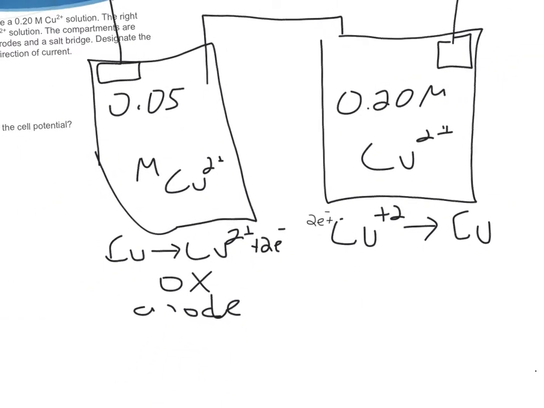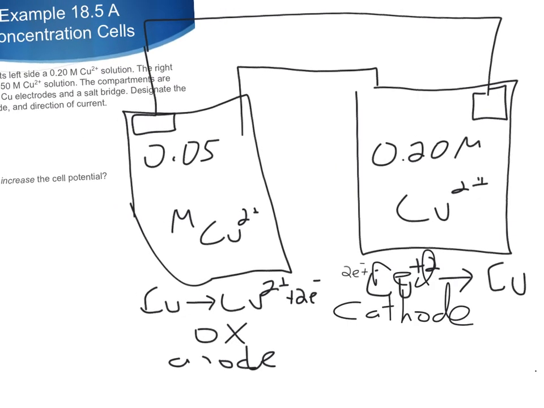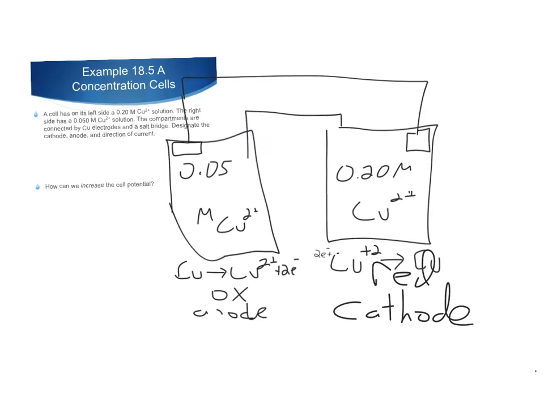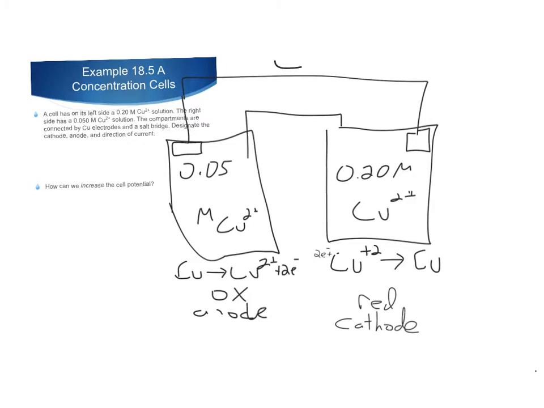And that's going to be my cathode, so this is a reduction. In order to figure out the electron flow, the electrons are going to go this way, off of the anode and onto the cathode, as they always do. So we can get the direction of the electron flow, and we can designate which side is the anode and which side is the cathode.